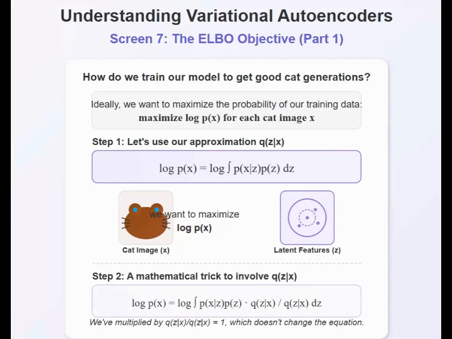Instead of working directly with the intractable posterior, P(z|x), we will work with our approximation q(z|x) that we can compute using our encoder neural network. This mathematical trick is our first step towards deriving the ELBO, which will give us a tractable objective function for training our VAE. In the next screen, we'll continue the derivation and arrive at the final ELBO objective.